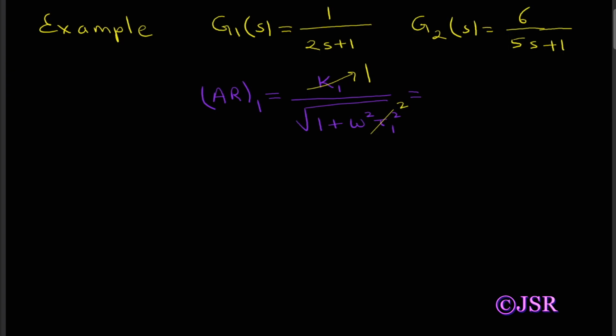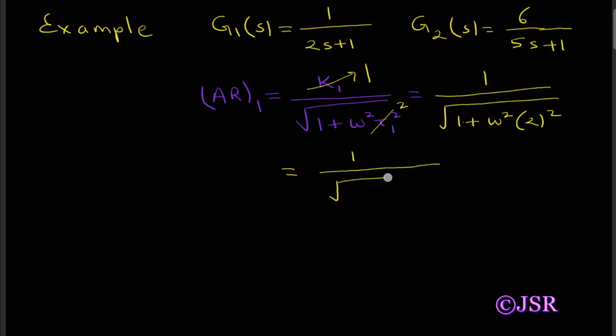So AR1 will be equal to 1 upon under root 1 plus 4 omega square. So this is the amplitude ratio for the first system.